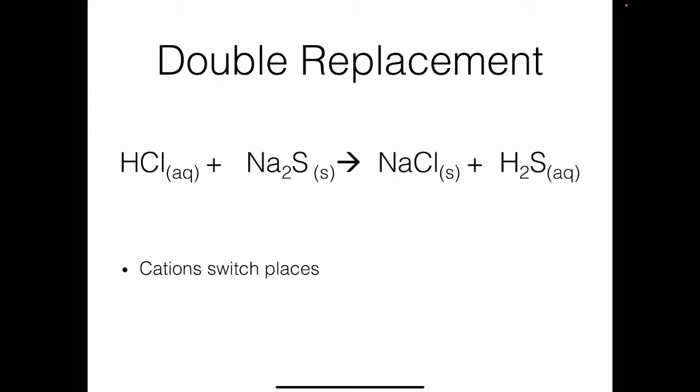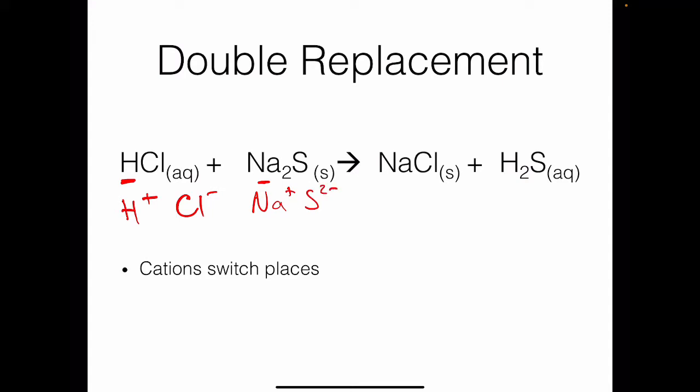In double replacement, we have two new compounds that are being formed. So we still see the same thing. We still see the cations trading places, but we see that two new compounds are being formed as a result. So it helps if we can break these down into their individual ions, and we see that that's H plus and Cl minus, and we know that this is Na plus and S2 minus.